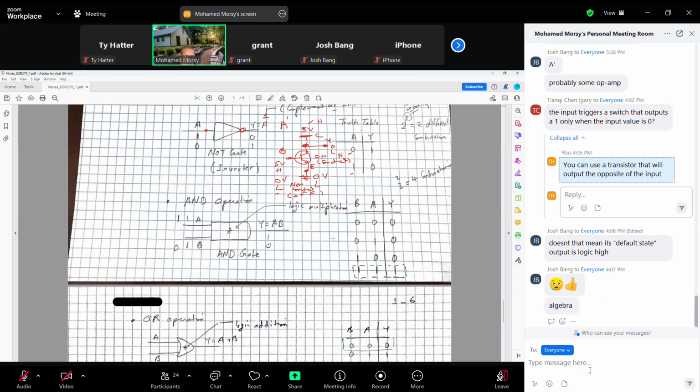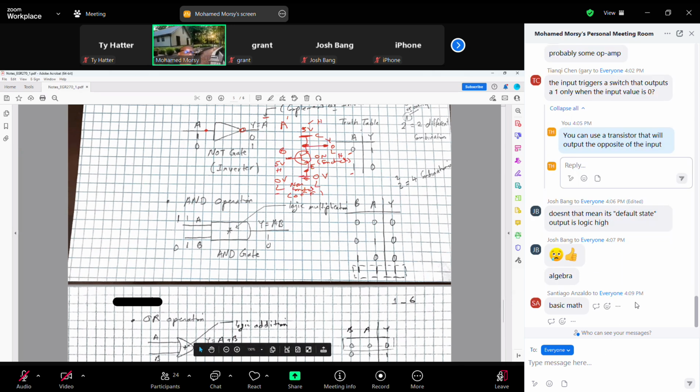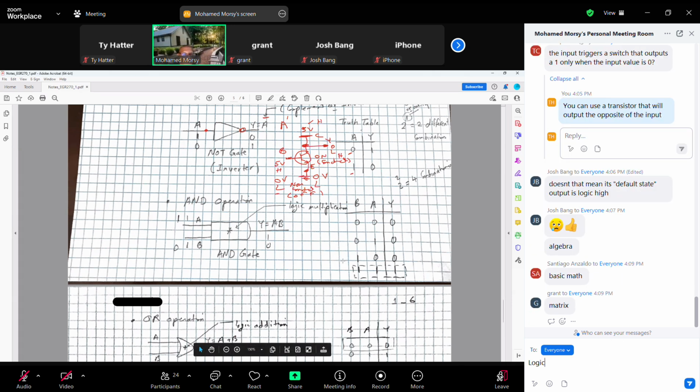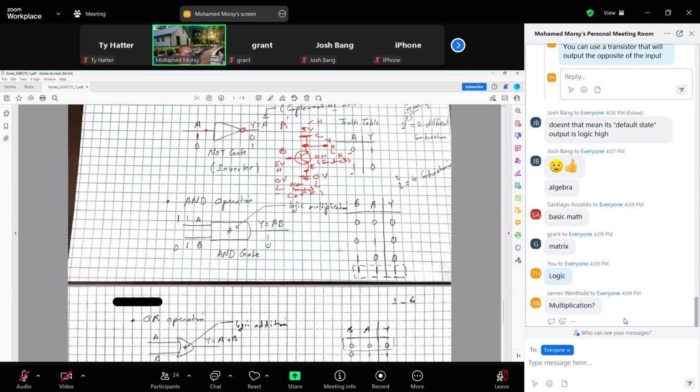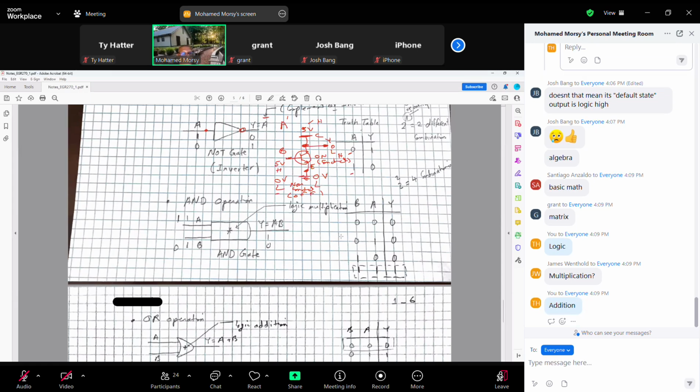Just type, please. We mentioned the function is logic multiplication, but what do you see here? No, not addition. AND operation means logic multiplication.